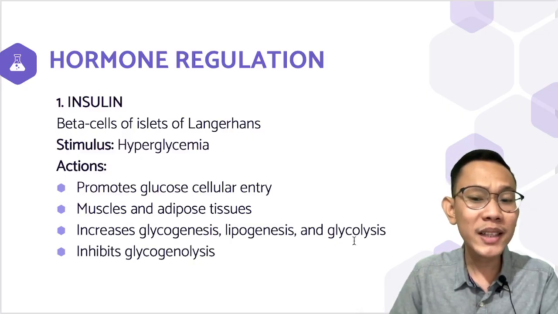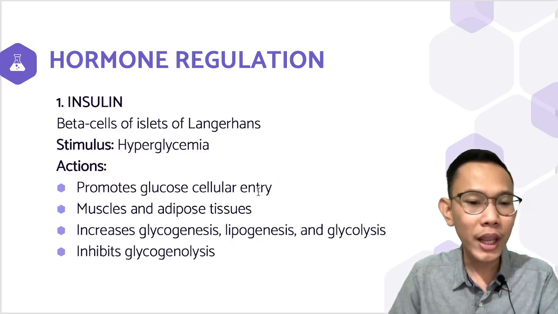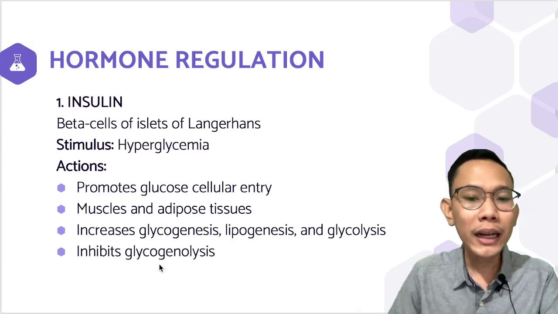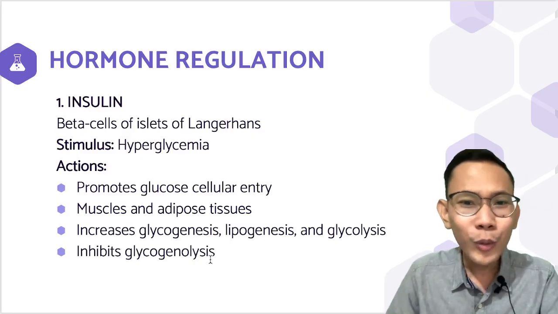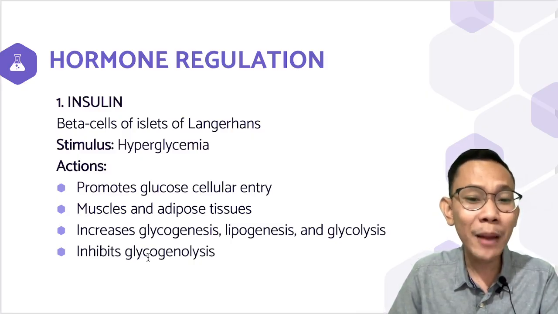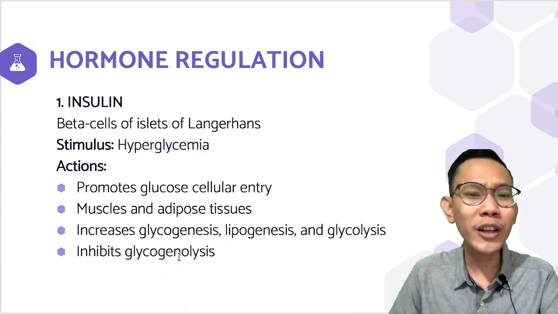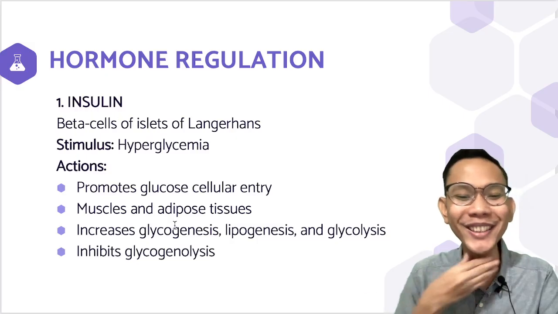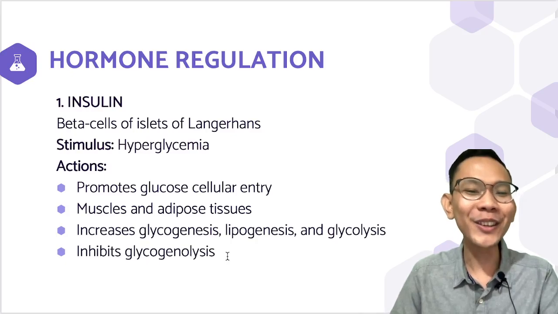This is the metabolism of your glucose as a source of your energy, and it will inhibit your glycogenolysis. Of course, we don't want more carbohydrates coming from your glycogen. So therefore, ayaw nating ma-break ang ating glycogen, kasi kung ma-break down ang ating glycogen, more glucose ang mangyayari. So therefore, your insulin must inhibit glycogenolysis.